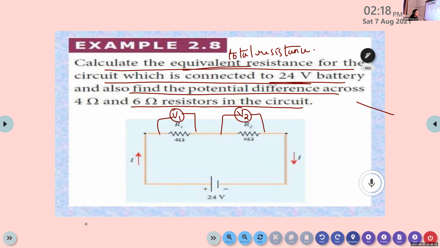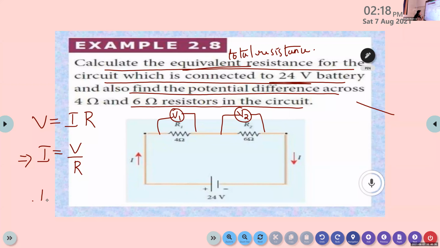Anjali, how can we calculate the current? V by R. So from Ohm's law, we know that V is equal to IR, which implies I is equal to V by R.